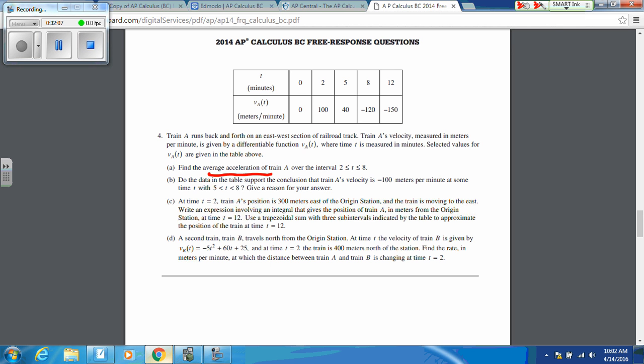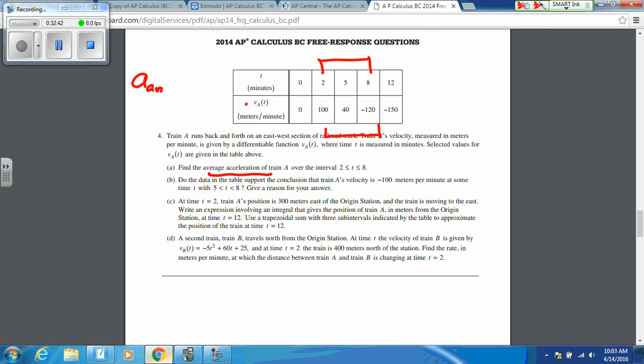When I see that they're looking for average acceleration, and I look at the information that is given to me, I think to myself, acceleration is the rate of change of the velocity. And since I want the rate of change over the interval 2 to 8, then that means I need a slope. 2 to 8, not 2 to 12. Yep. I am determined in this read today.